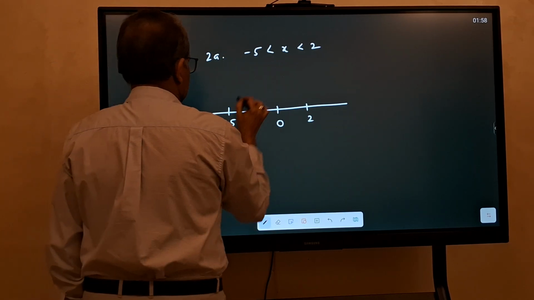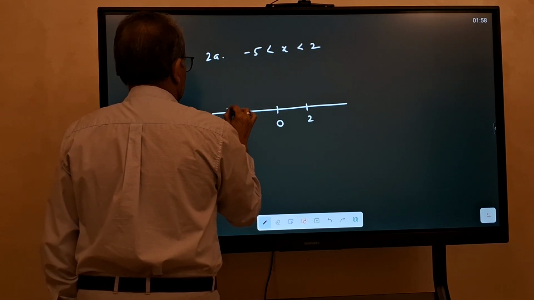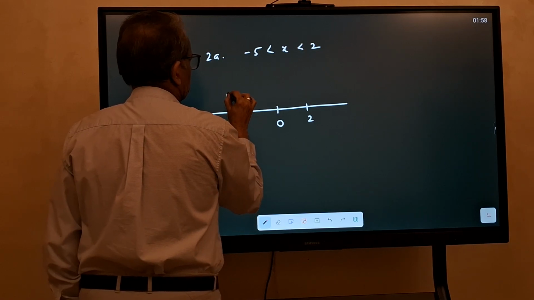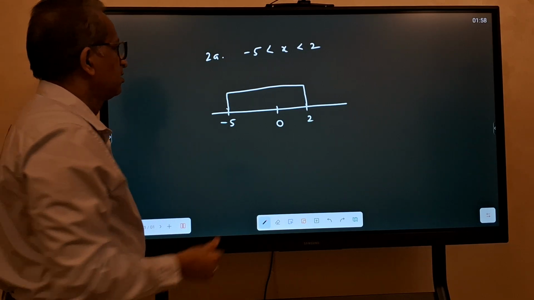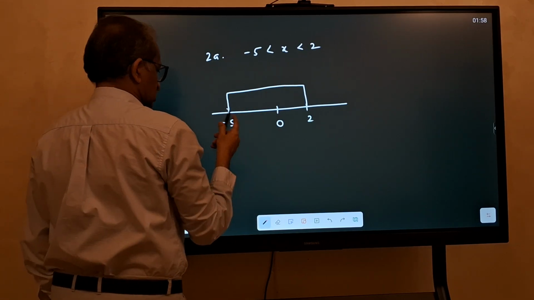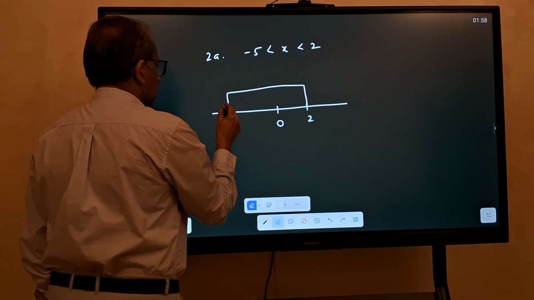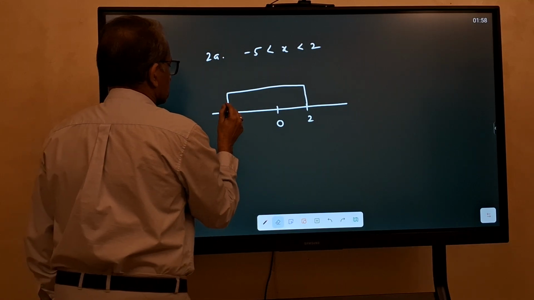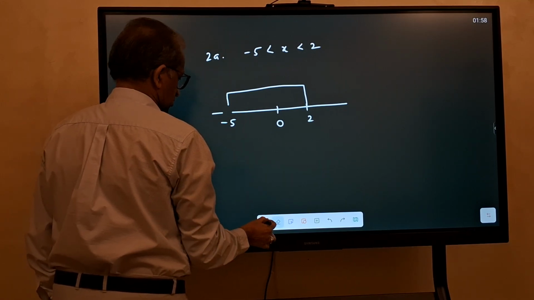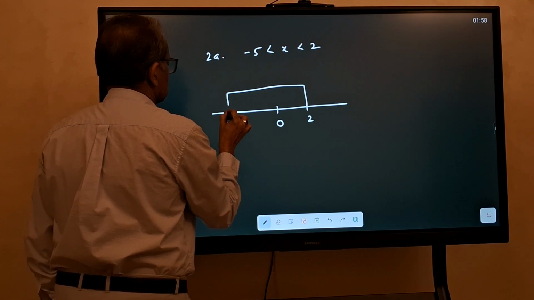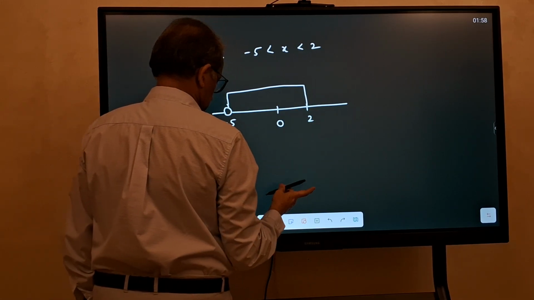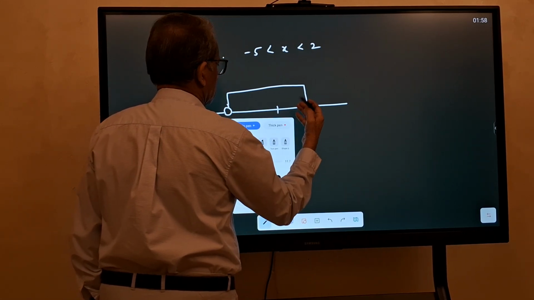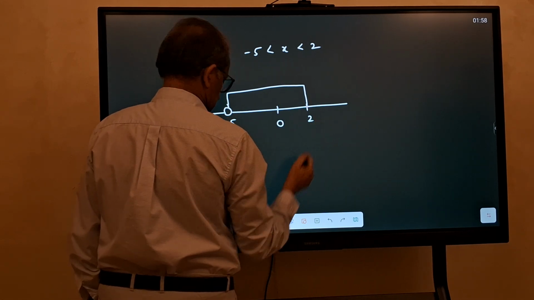We write this, and there is no equal sign. So what I will do is open this circle, and here also I will open this circle.